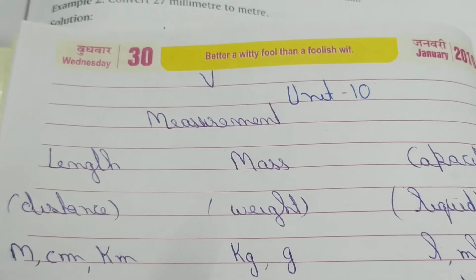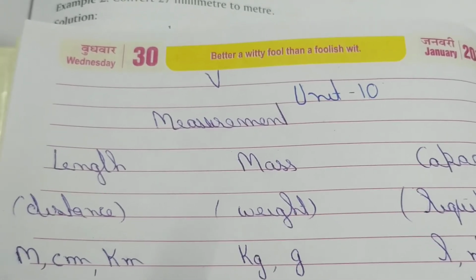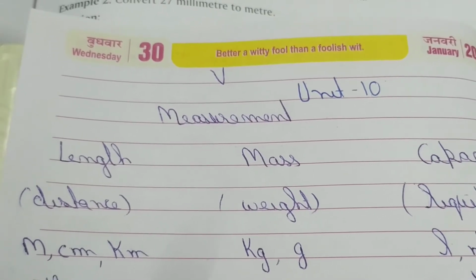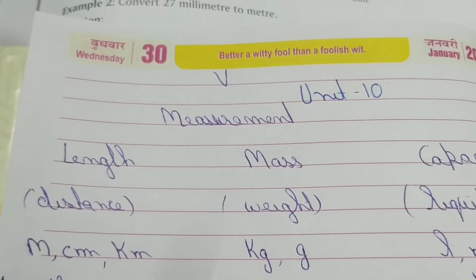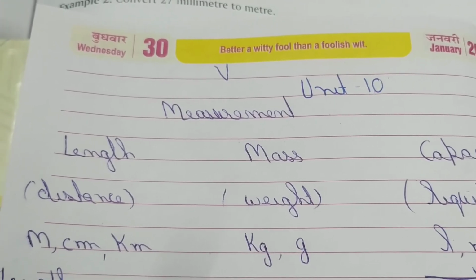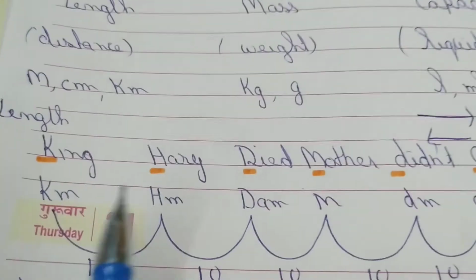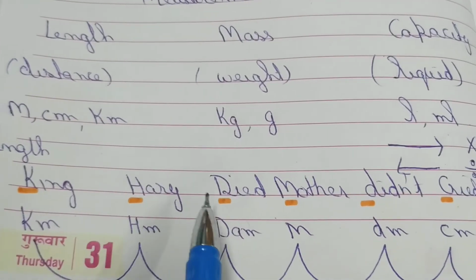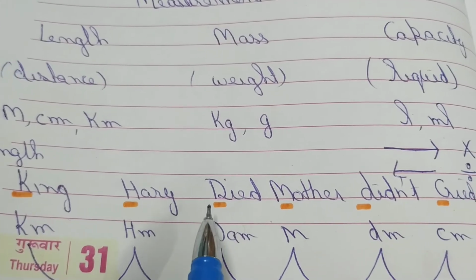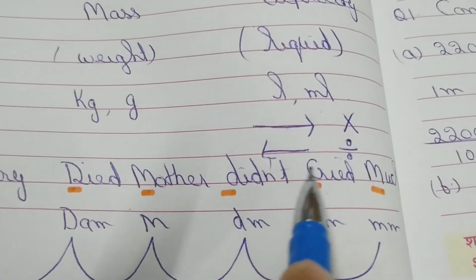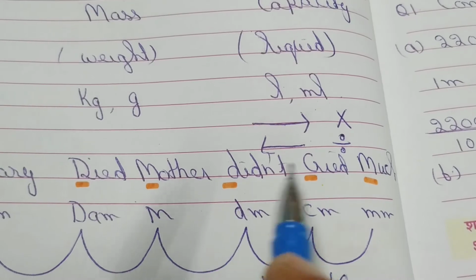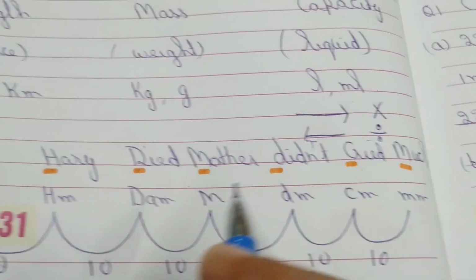When King Harry died, his grandmother was also a very brave lady, so she also didn't cry, and his wife also didn't cry. So the story is: King Harry died in a battle. Mother didn't cry much, because she was a brave lady.